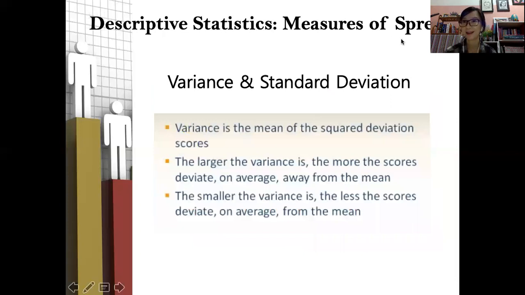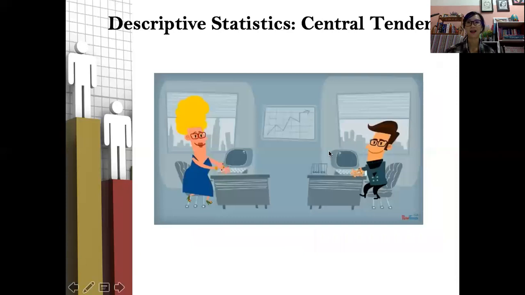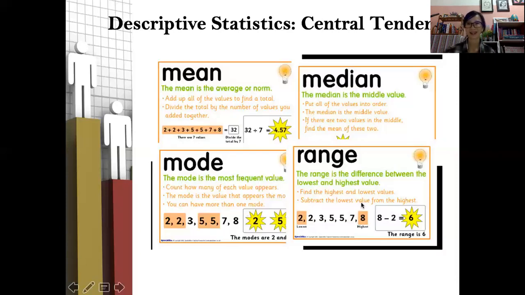Measures of spread. But before we go on with this, let's go back here to see the range. Range is the difference between the lowest and the highest value in your data set. Nilai paling rendah dan paling tinggi, jarak antara nilai paling rendah dan paling tinggi di dalam data set yang kalian punya. Nilai yang paling rendah itu kita sebut dengan istilah minimum score.